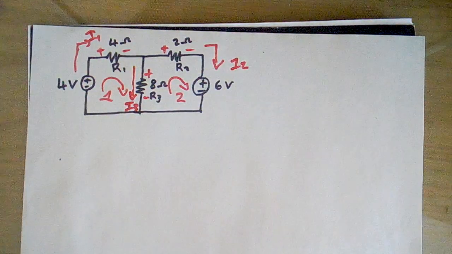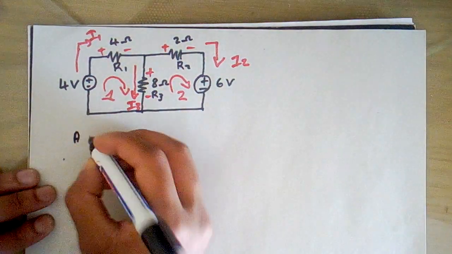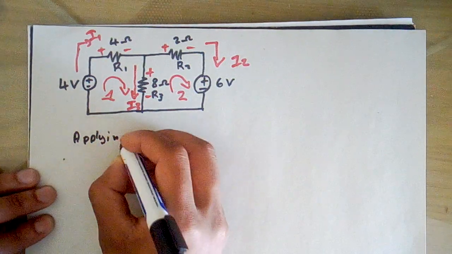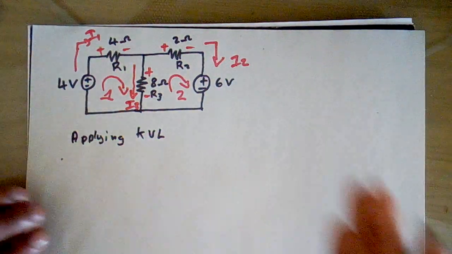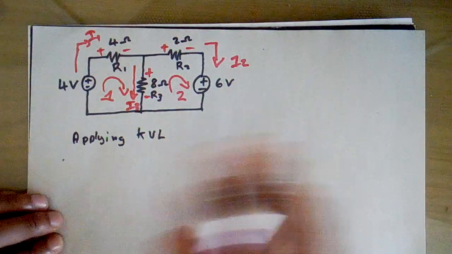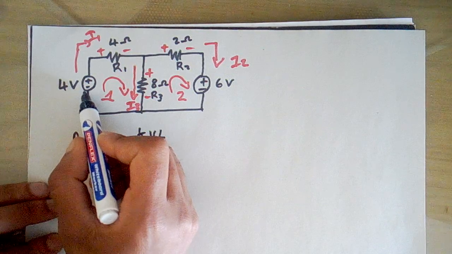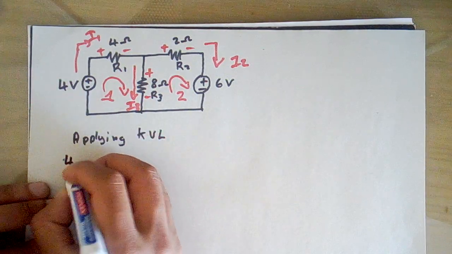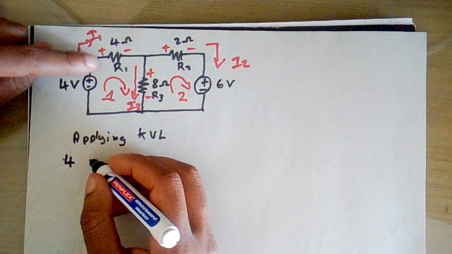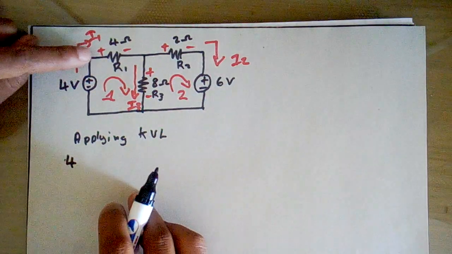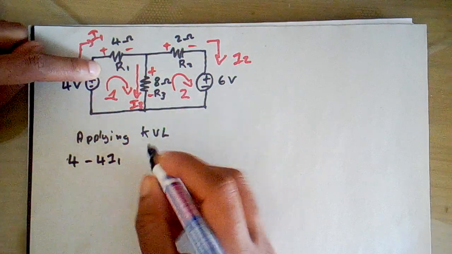Okay, so now applying KVL on loop 1. You just have to imagine that loop 2 is not there for now. Our power source goes from negative to positive, 4 volts. When you go to R1, its voltage goes from positive to negative, so therefore it's going to be negative for I1.